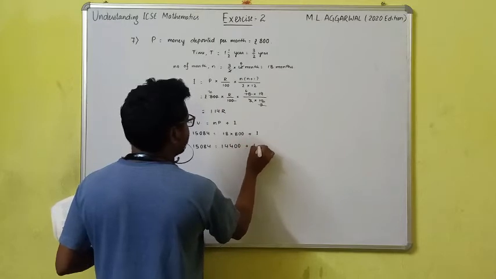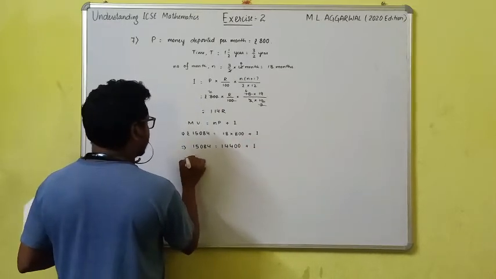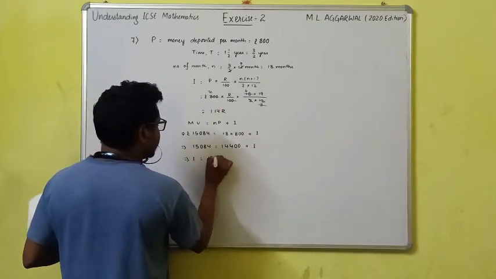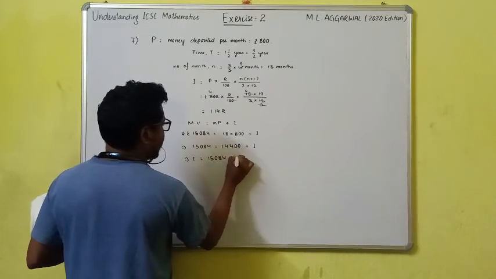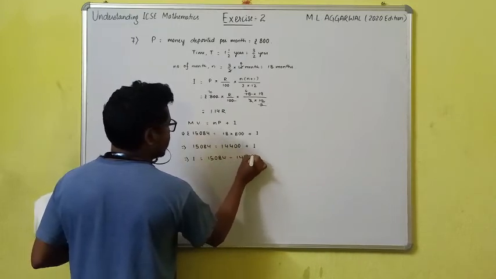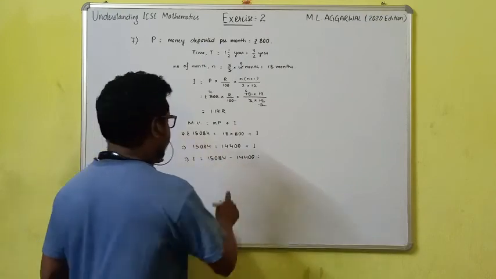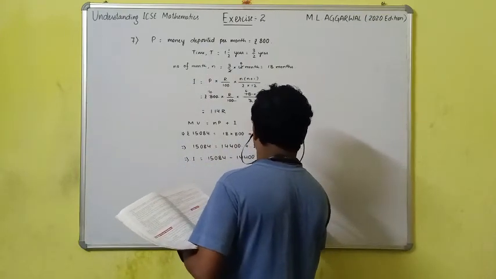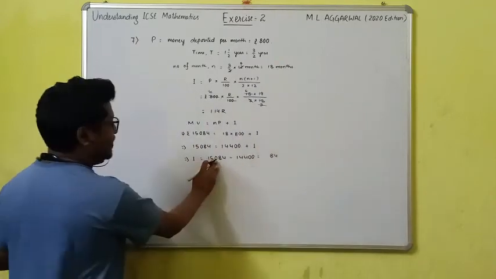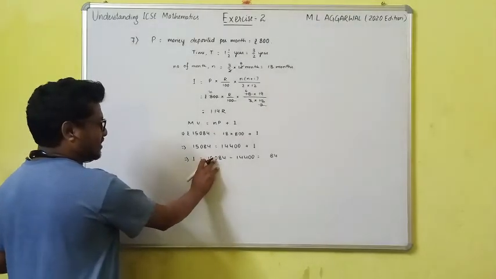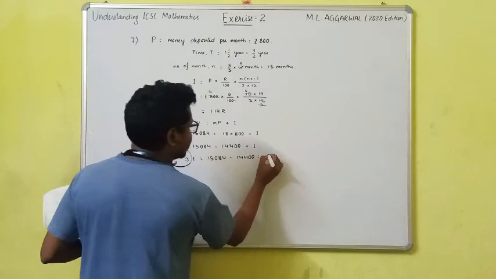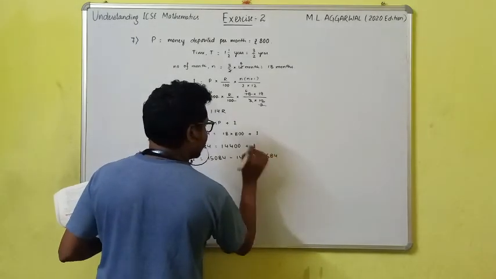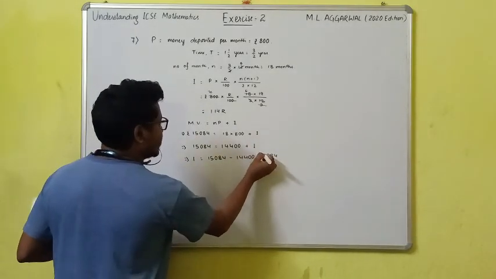So I is equal to 15,084 minus 14,400. If you subtract these two, you will get 684 rupees as your interest.